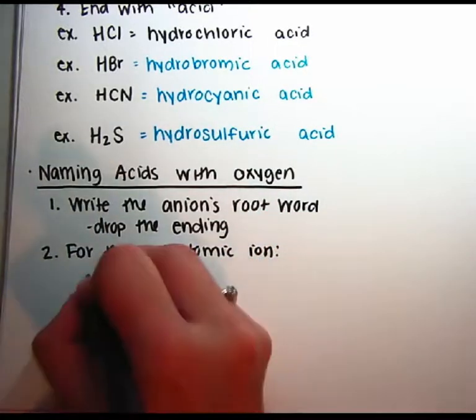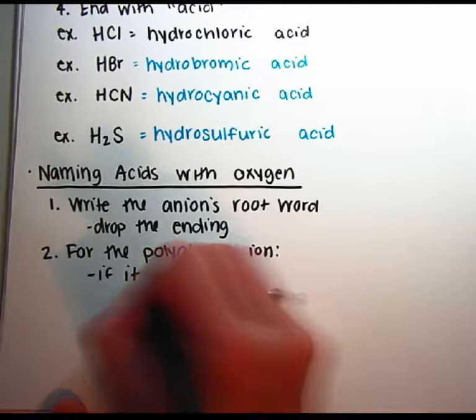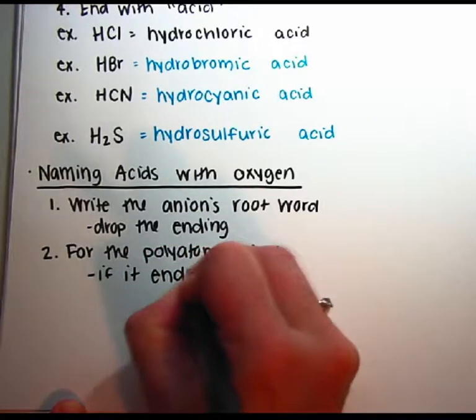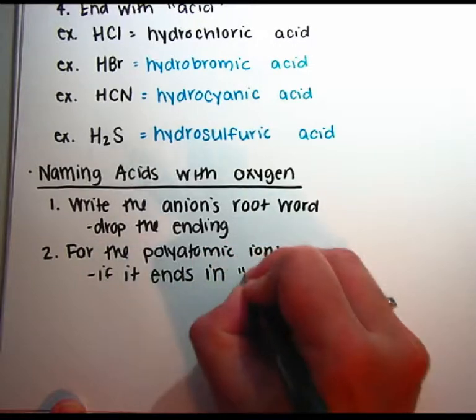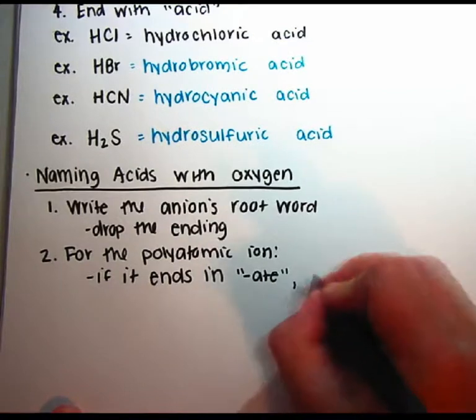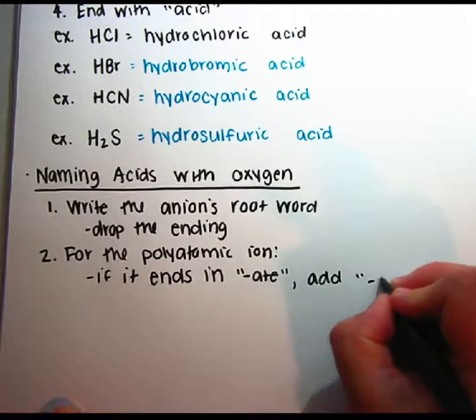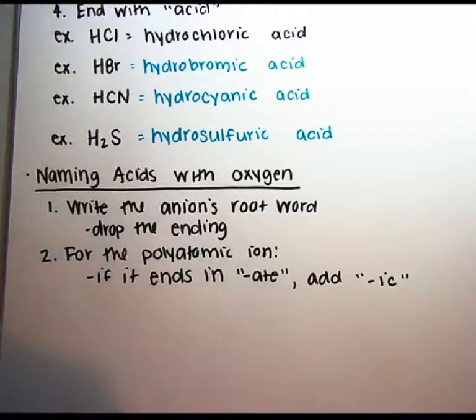So let's say the polyatomic ion ends in ATE, like sulfate, nitrate. We are going to add the suffix IC. So sulfate would be sulfuric. Nitrate becomes nitric.